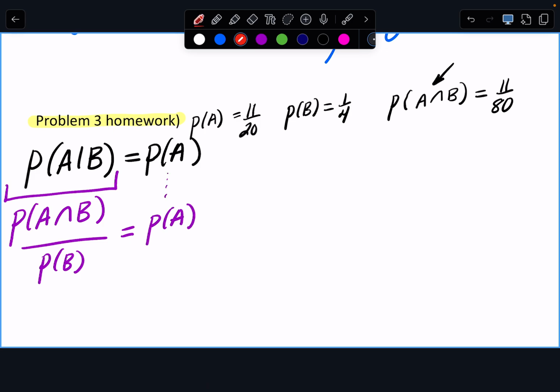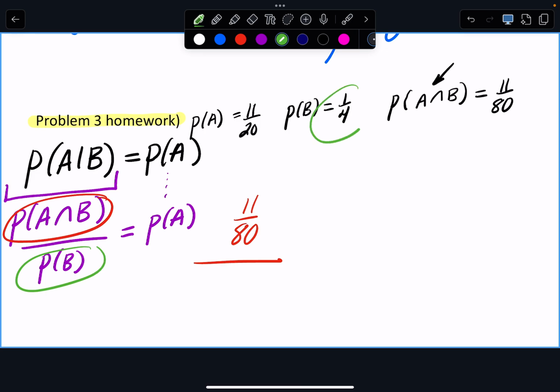Once again, I always ask myself, which one am I using based on the information given? Well, I see intersection, so I know I'm going to use the purple formula. This is 11/80 divided by, isn't B 1/4? Yeah. And then we know it should equal 11/20.